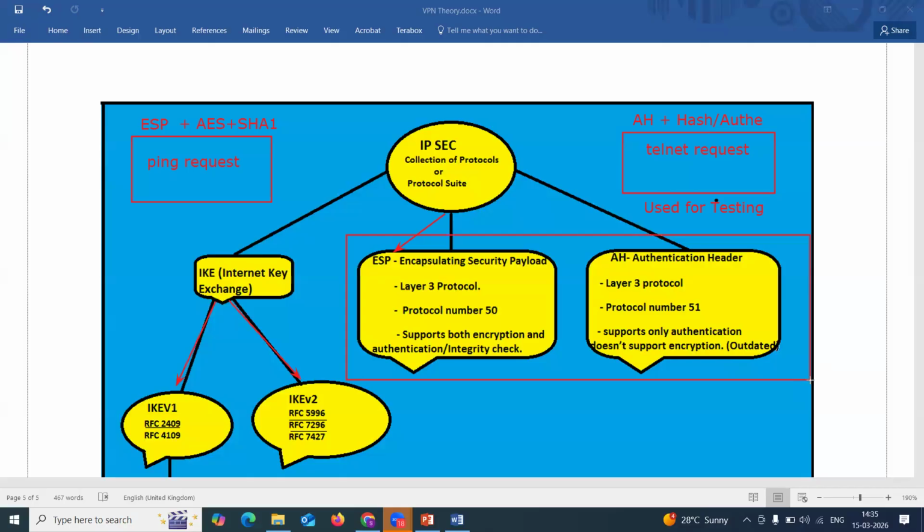Nowadays, whether you belong to a routing and switching, security, or data center background, everyone should know IPsec. None of you can give excuses like, I don't have a security background. IPsec should be known by everyone.